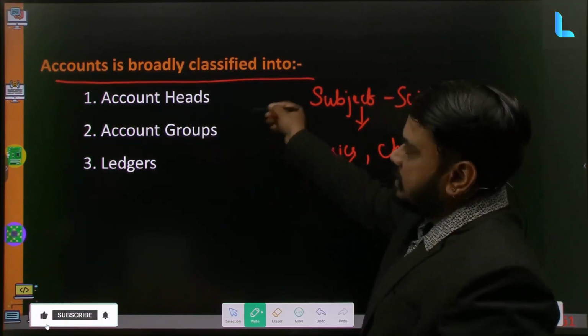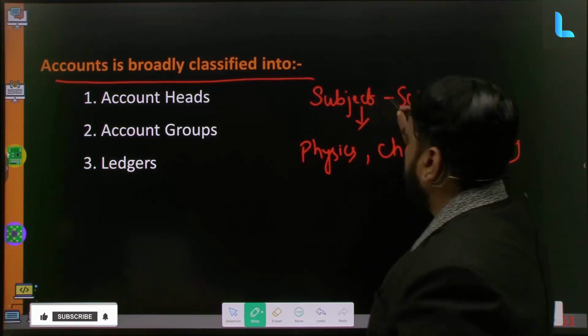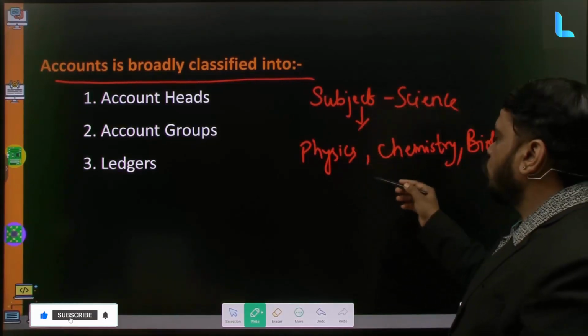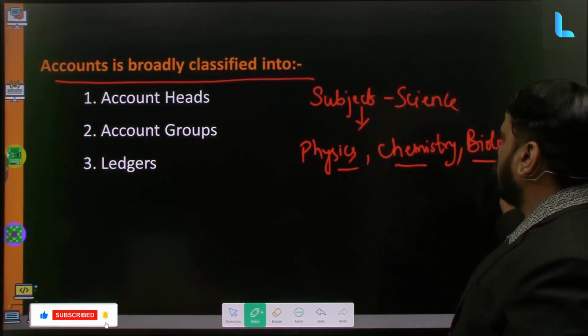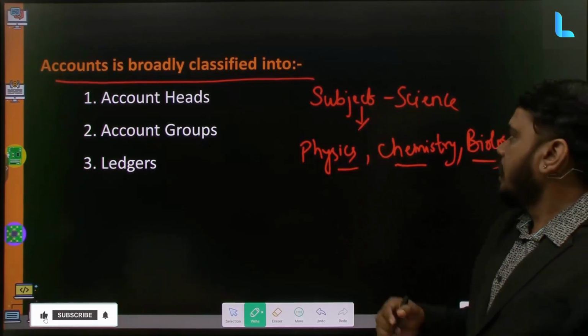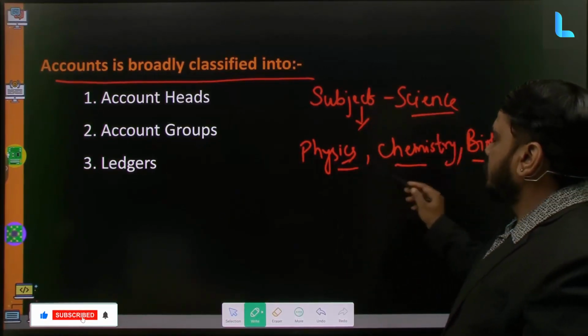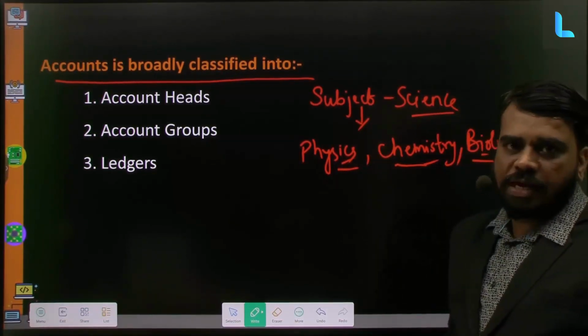So you can consider that the account head is like a main subject and account groups are the sub topics or the sub classifications. Like under science we have physics, chemistry, biology, right?